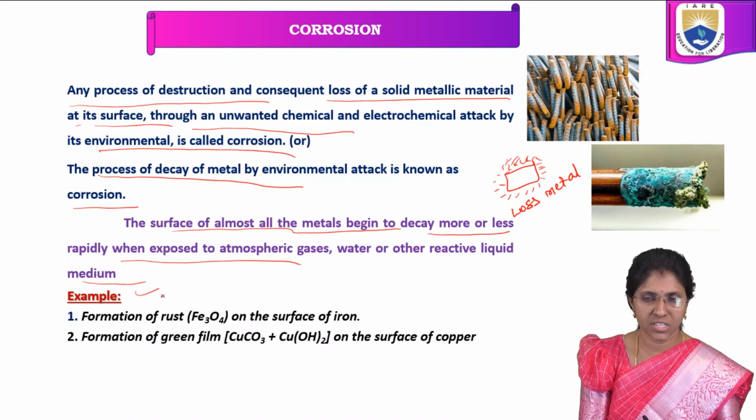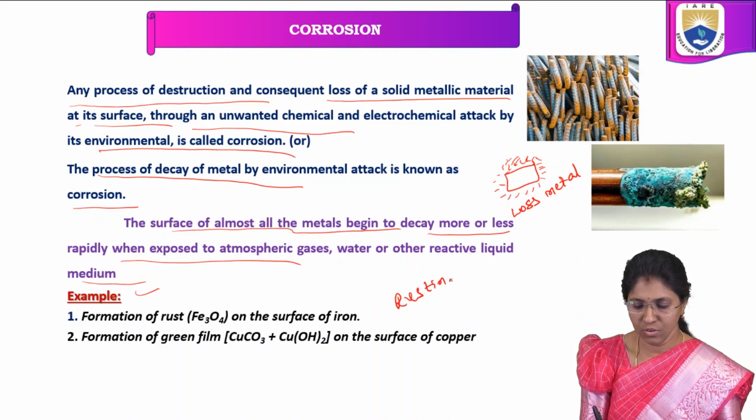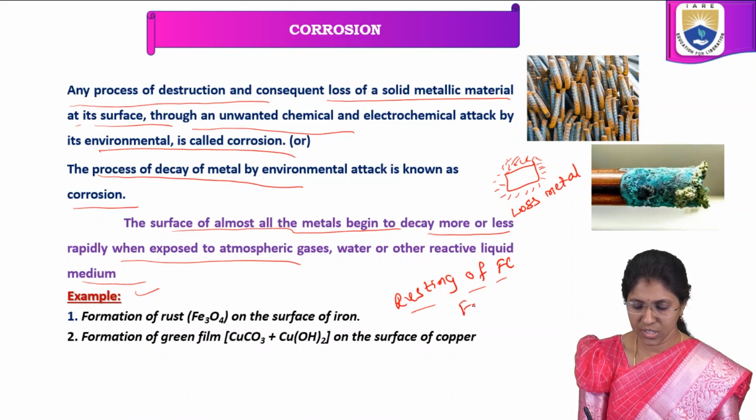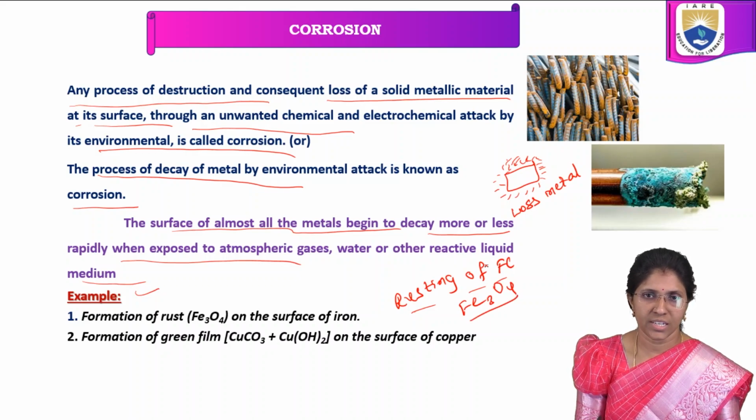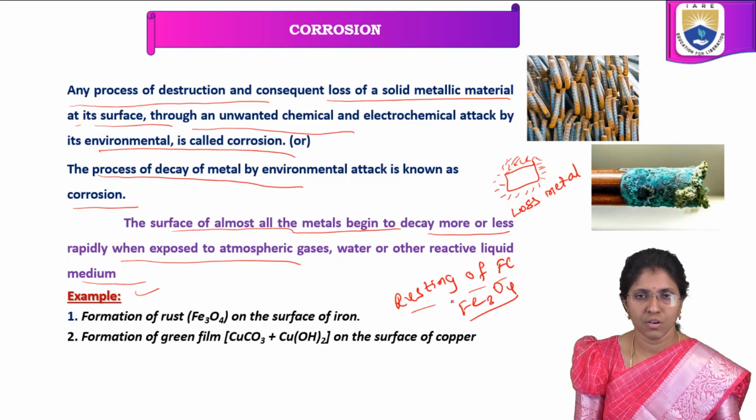Examples of corrosion: the first one is rusting of iron. Rusting of iron is an example of corrosion. In this Fe3O4 is formed. Fe3O4 means iron oxide, so a metal oxide is formed due to this corrosion.